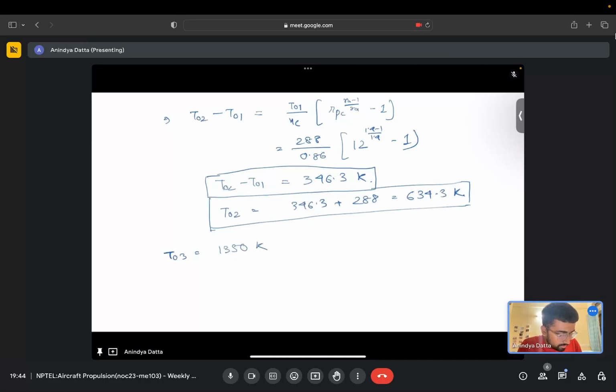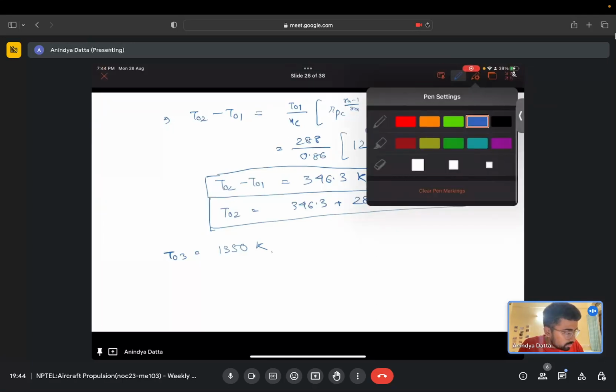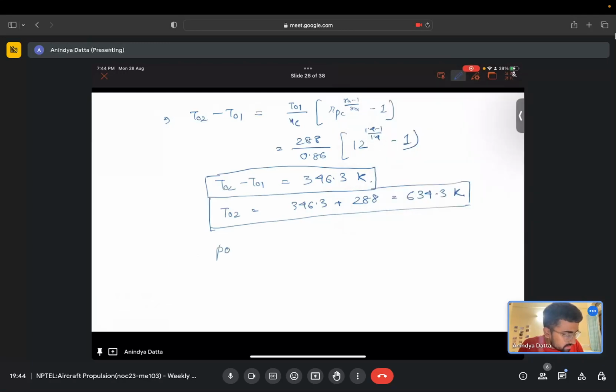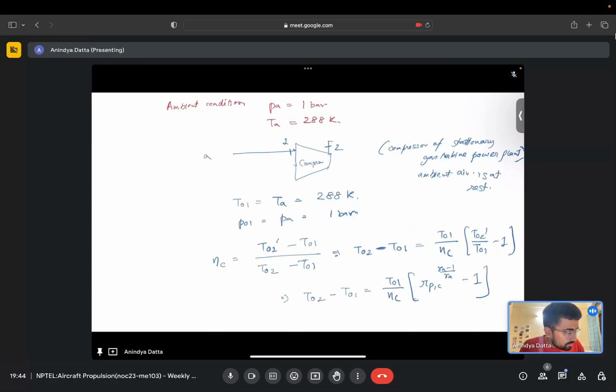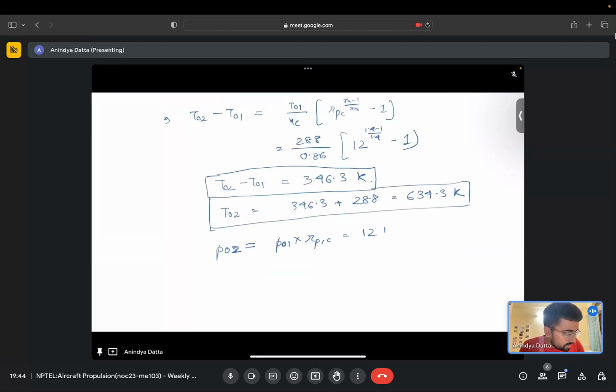But before we do that, we also need to know the pressure at compressor exit, P02. That will be equal to P01 times our compressor pressure ratio, so 1 bar into 12, which is 12 bar. So this is our P02.